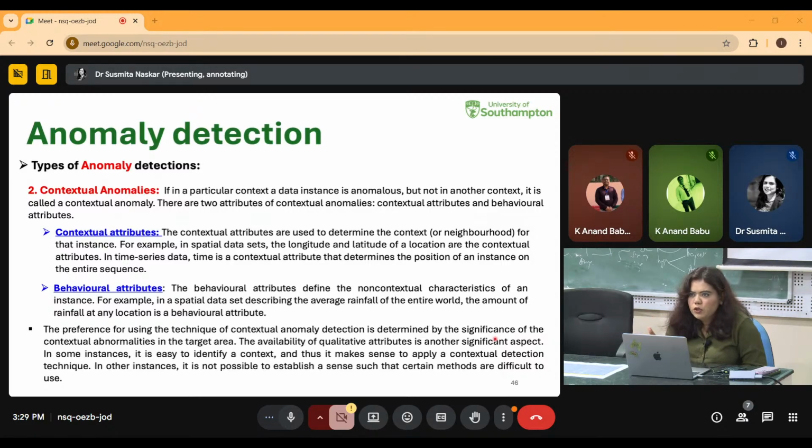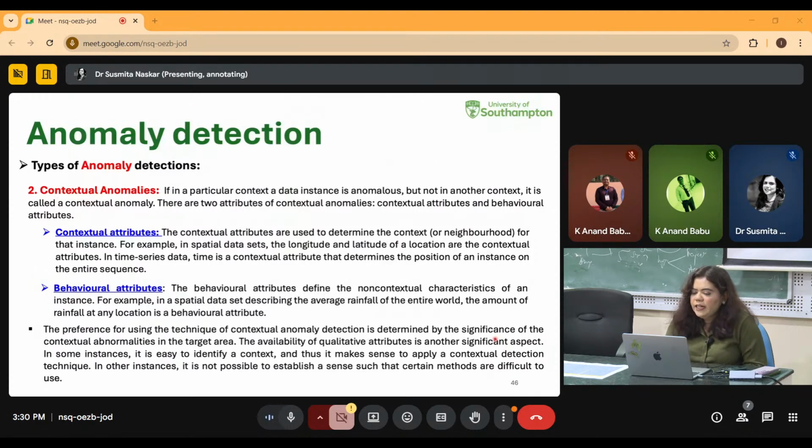It also depends on its neighborhood, right? For example, a high temperature might be okay during the summer, but that's not normal in the winter. That is an issue, right? It is the same value, but when the context changes, the interpretation will definitely change. So contextual attributes define the context or the environment of the data point.